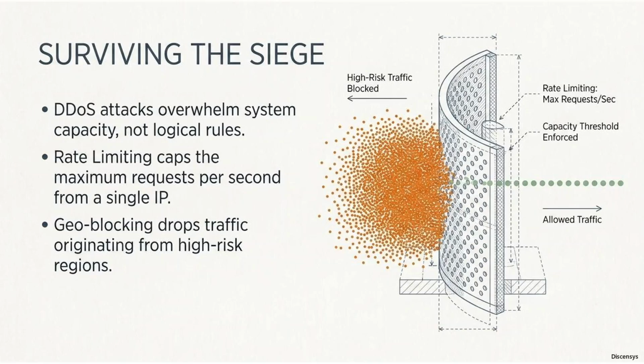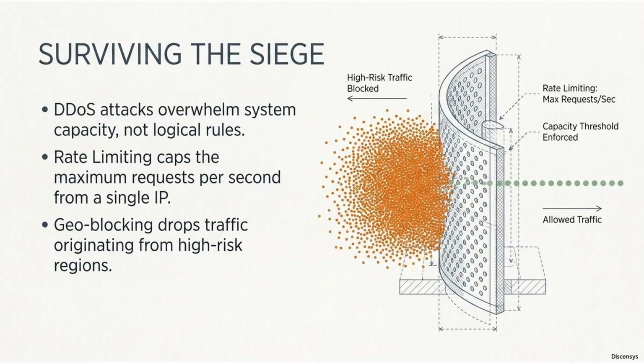So DDoS attacks overwhelm system capacity, not just logical rules. Now what do you mean by DDoS attacks overwhelming? So DDoS attacks become very heavy such that the system's capacity cannot tolerate it, right? So not just logical rules.